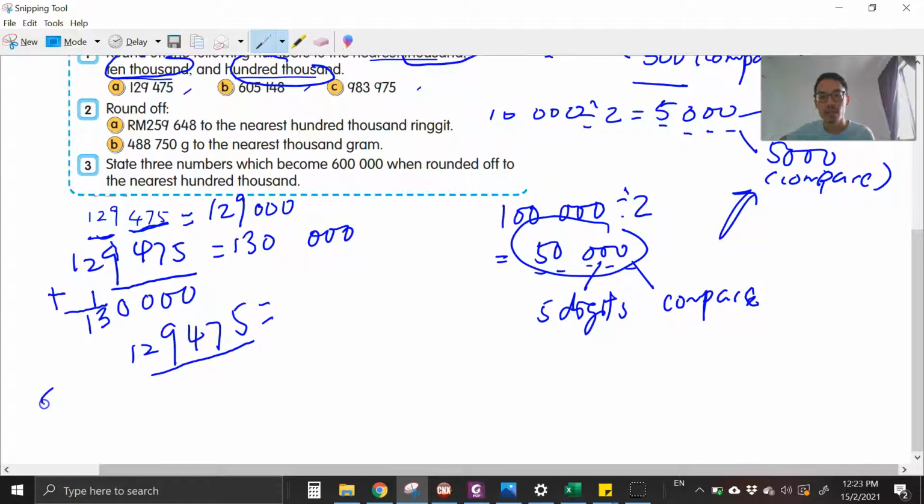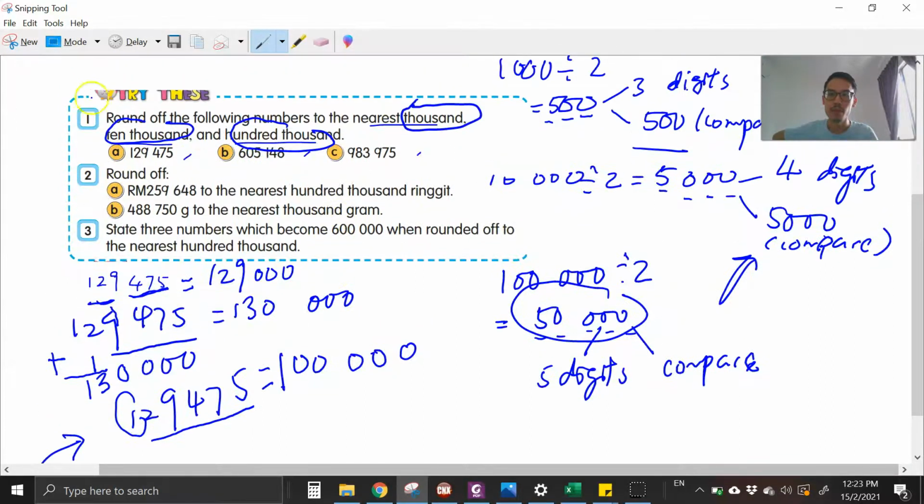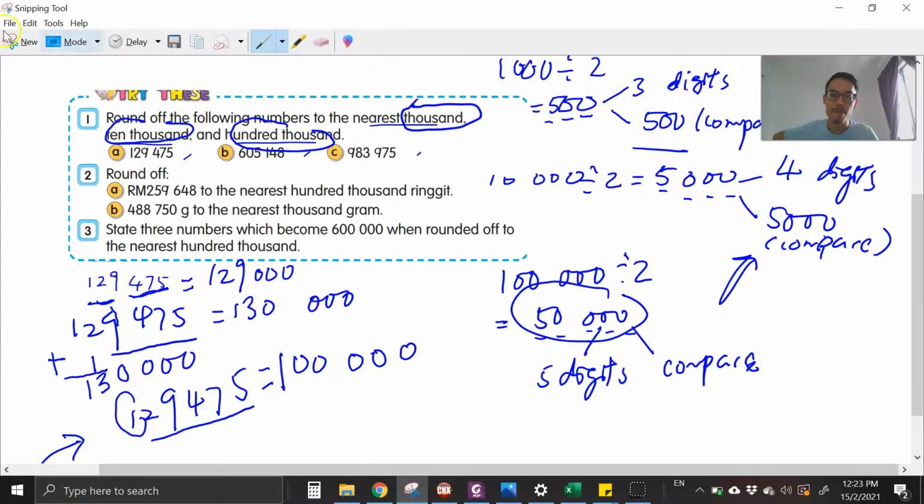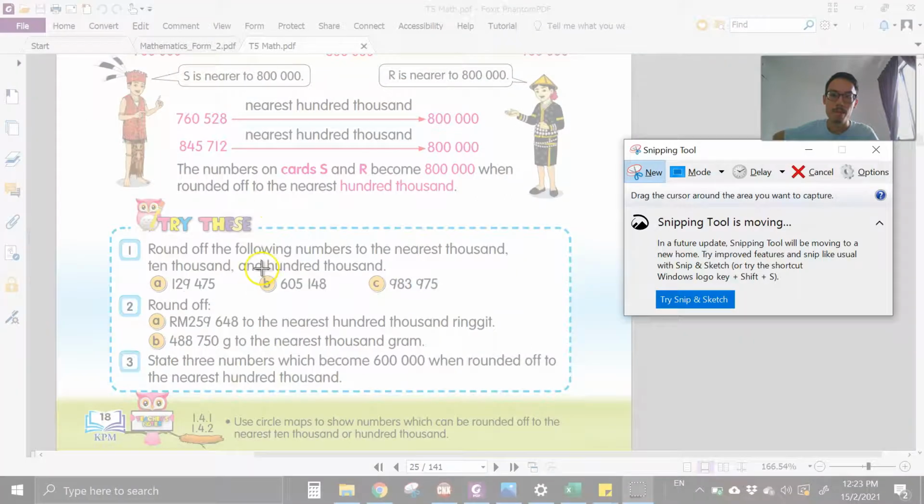So when your number here is smaller, you don't plus 1. You only copy the front number 1. And then the last 5 digits, you just change to zeros. Okay, so the nearest 100,000 is 100,000. Okay, let's look at the second question. And the third.